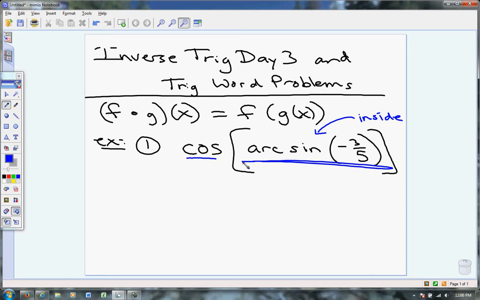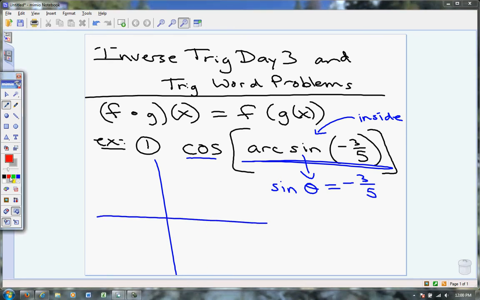So we've been doing this for a couple days. The inside says the sine of what angle theta equals negative 3/5. Our work from the last couple days has taught us that inverse sine is only defined in the first quadrant and the fourth quadrant.